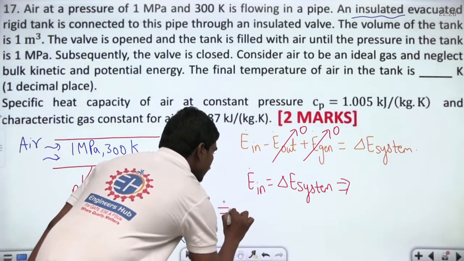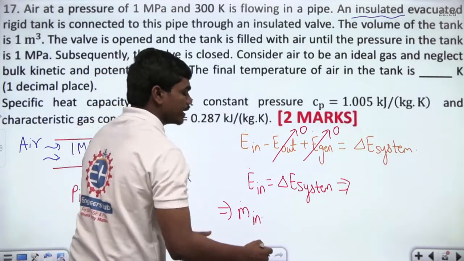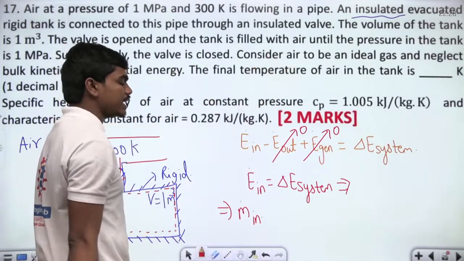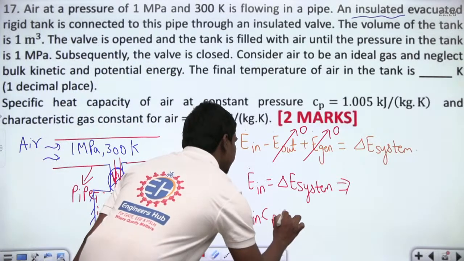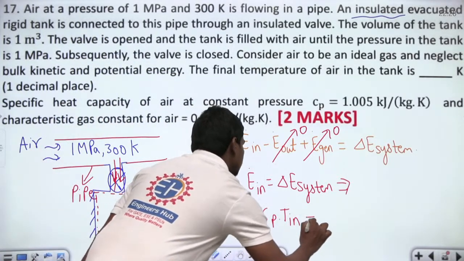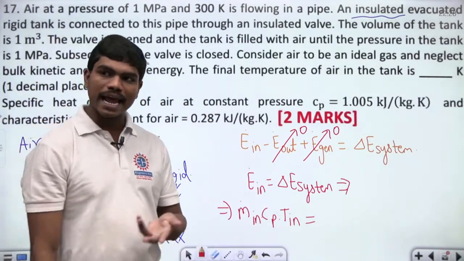So the energy coming in is nothing but the mass flow rate inside times the enthalpy it brings in. Since we treat air as an ideal gas, the enthalpy at the inlet is nothing but Cp times T inlet. This should be equal to the change in energy of the system. Initially the energy of the tank is 0 because the tank is evacuated.